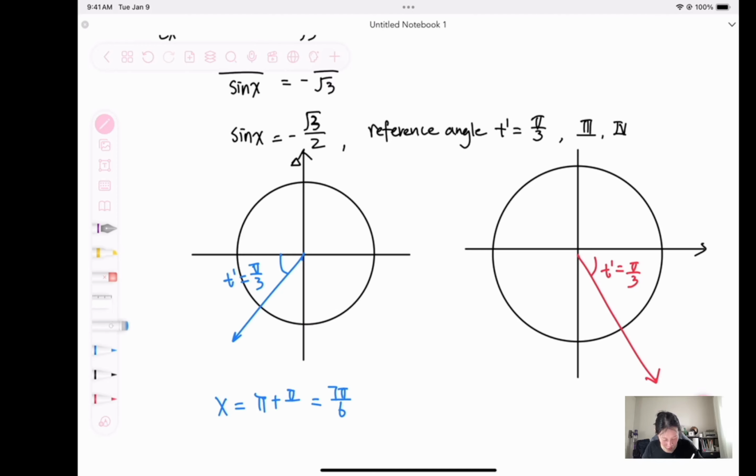So that means this is equal to 4 pi over 3.